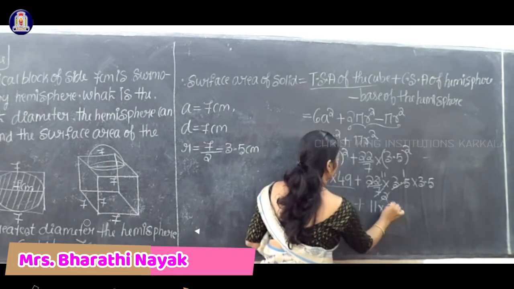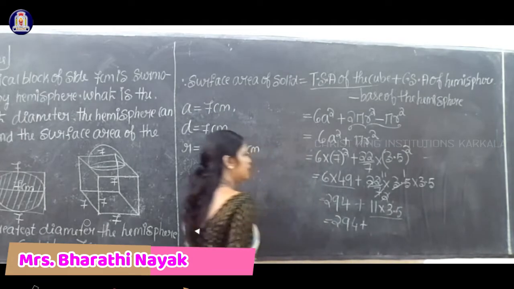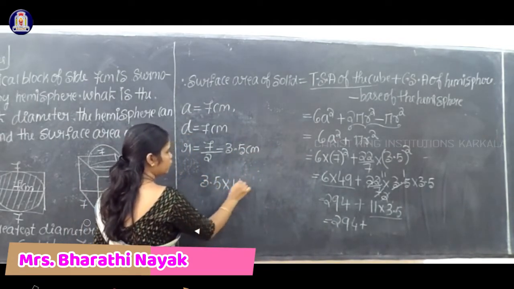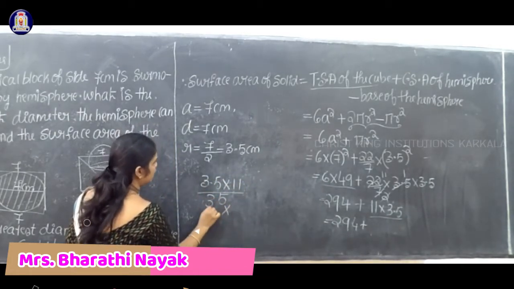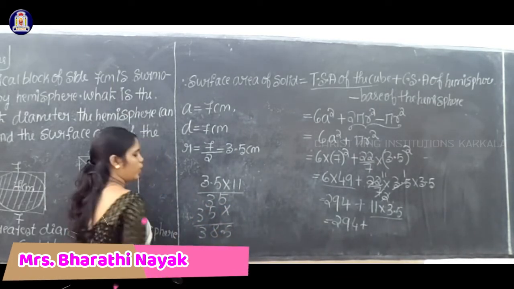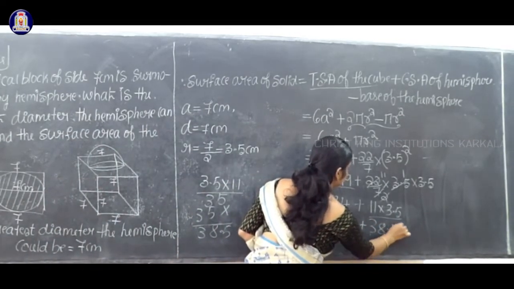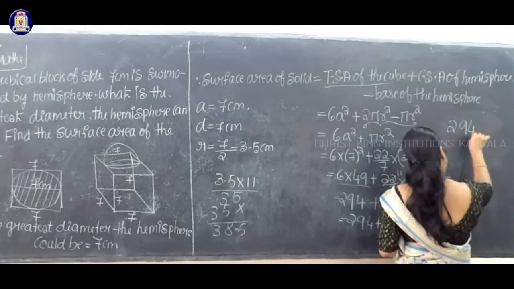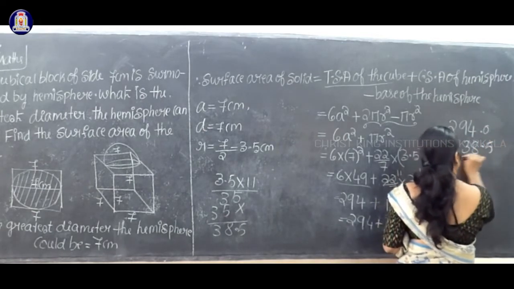First I multiply 11 into 3.5. 5 ones are 5, 1 3s are 3, again 5 3s, so you will get 38.5. Now add 294 and 38.5.